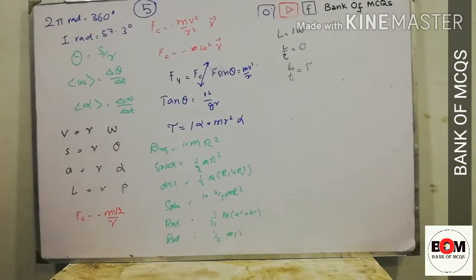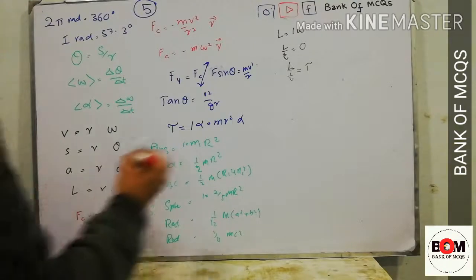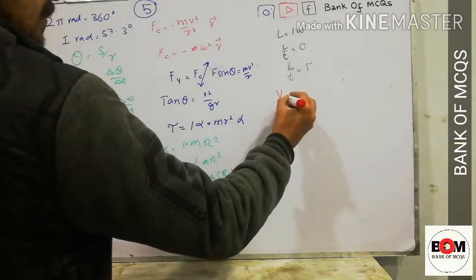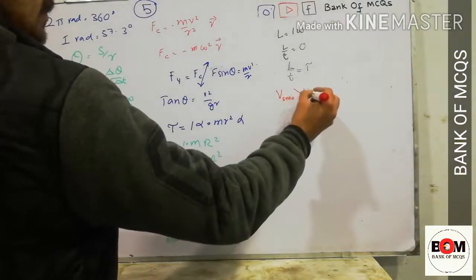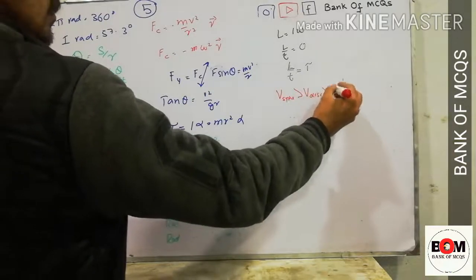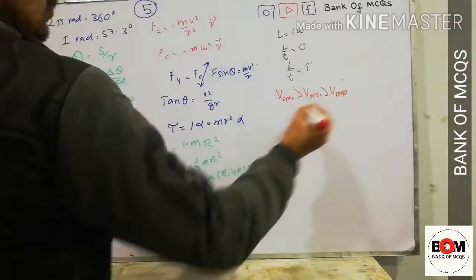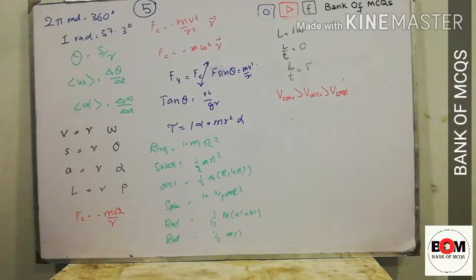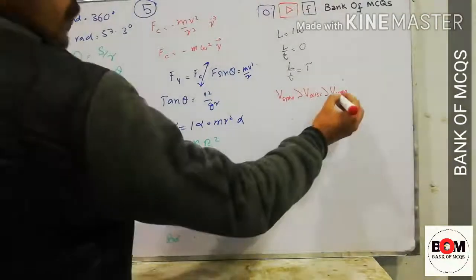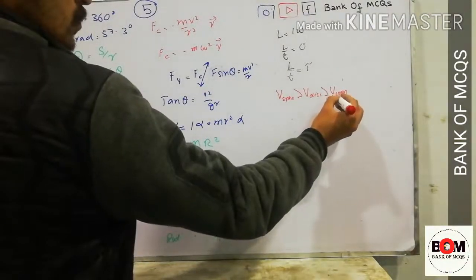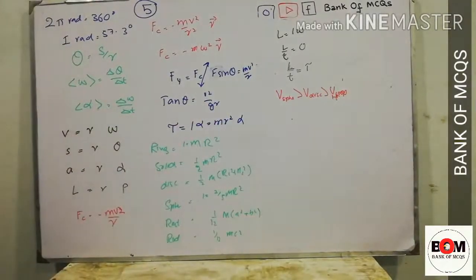Next was for rolling motion, the velocity of sphere is greater than the velocity of disk, which is greater than the velocity of hoop.